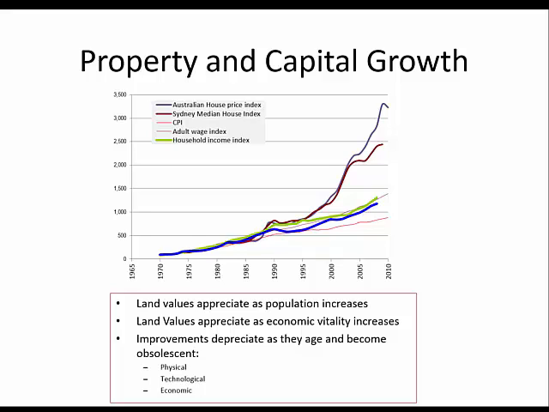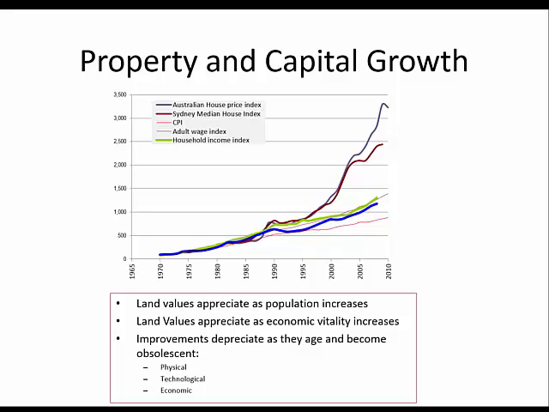Buildings that are dependent on expensive fuels such as oil rather than electricity or gas become technologically obsolescent. Specialized factories likewise. The last form of obsolescence is economic obsolescence, and this is where the property has not become physically or technologically obsolescent, but it's still overtaken because of more general economic factors.